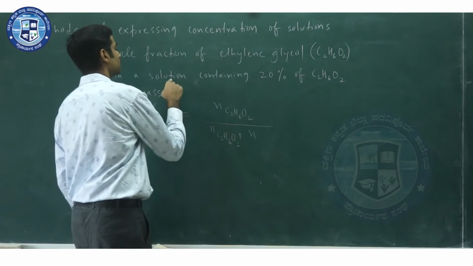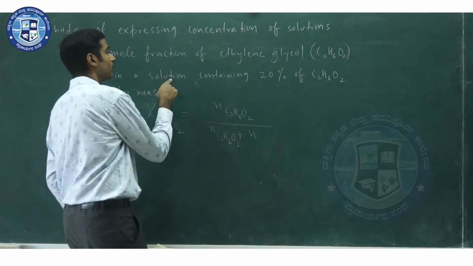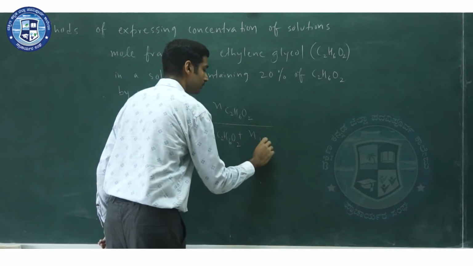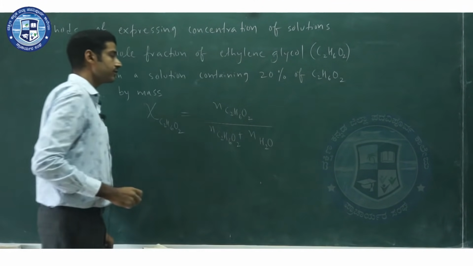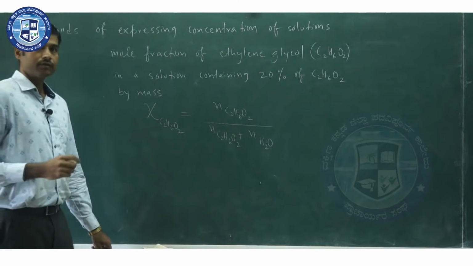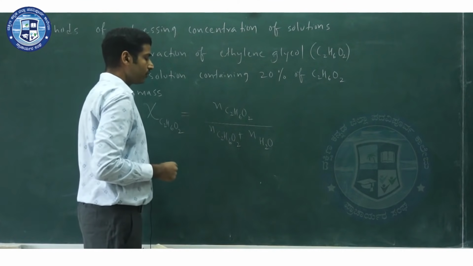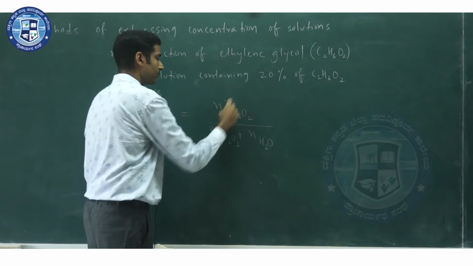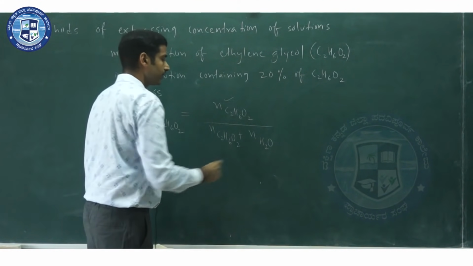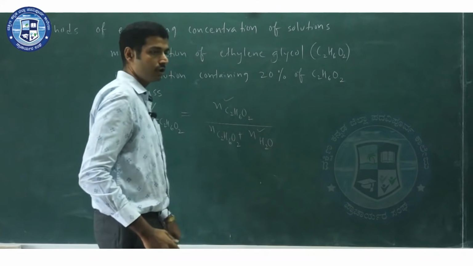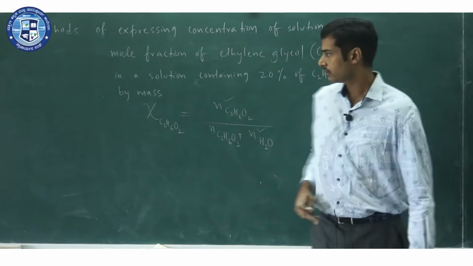So in the ethylene glycol solution, they have not mentioned the solvent, it will be water. Ethylene glycol is dissolved in water. So if you want to find out mole fraction of ethylene glycol, you have to first calculate the number of moles of ethylene glycol as well as the number of moles of water. How do we do this?